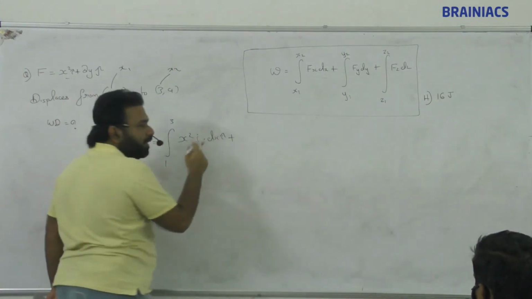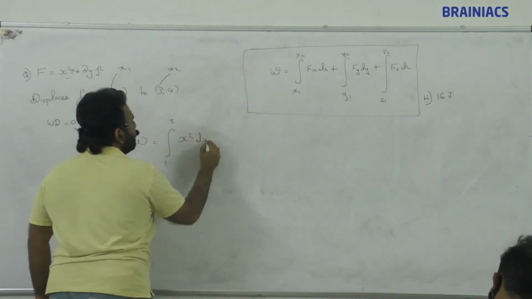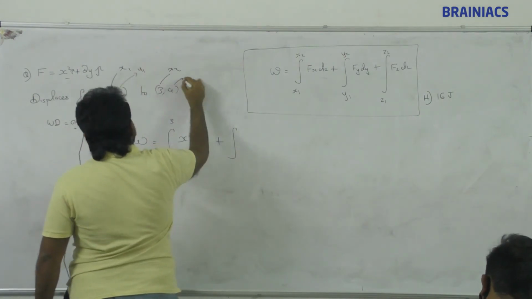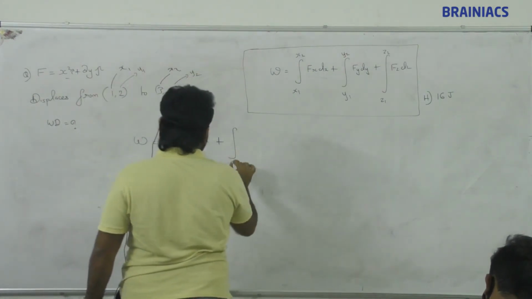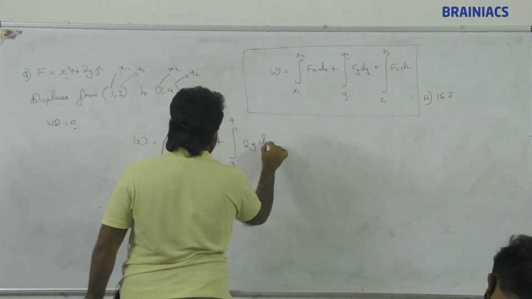Anyway this becomes 1, so we don't consider them. Simply we put x square dx. Then this is y1 and this is y2, so 2 to 4, and this is going to be 2y dy.